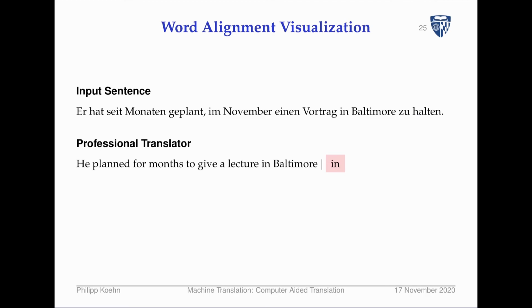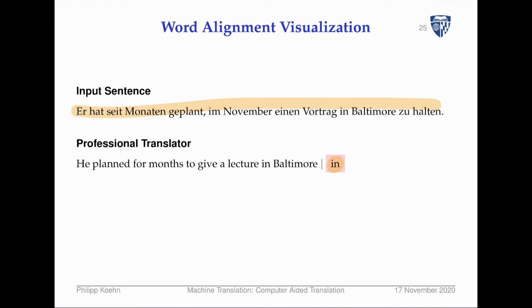Okay, let's look at some more features to make this maybe a bit more interesting. One is word alignment visualization. Let's say you're somewhere here in the middle of a sentence. This is a sentence you want to translate. This is where you are. And now the system proposes to translate "in", and you're like, why "in"?